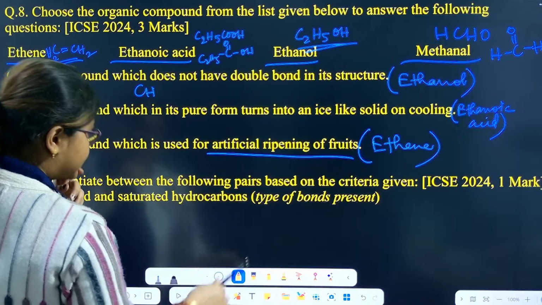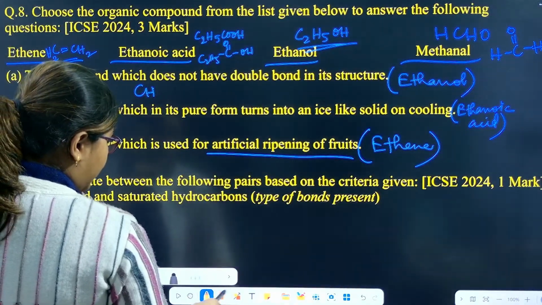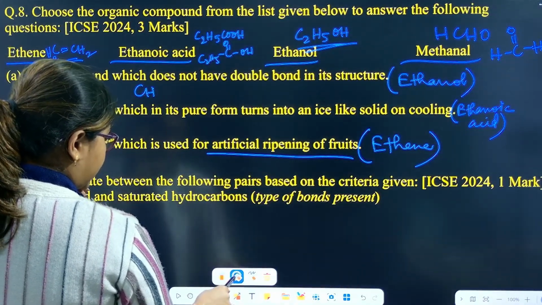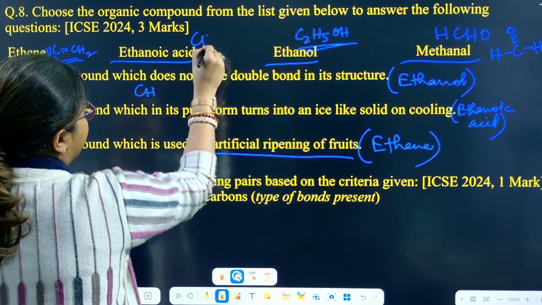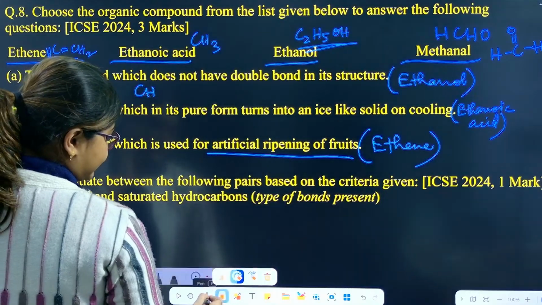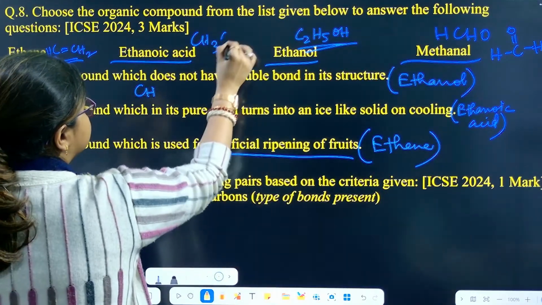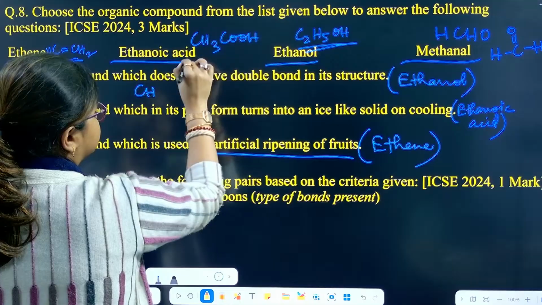Oh अच्छा, sorry. ये थोड़ा गलत हो गया है. This is not the formula. Ethanoic acid is CH3COOH.